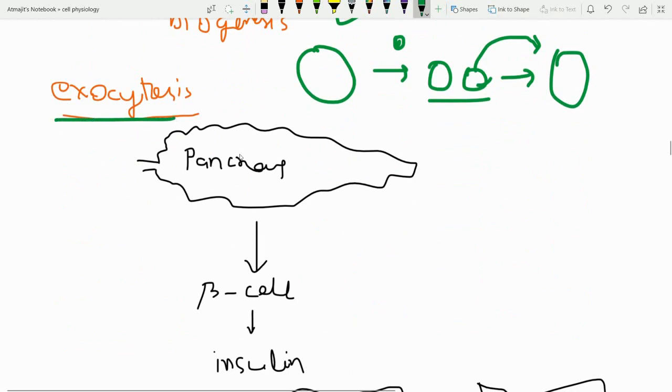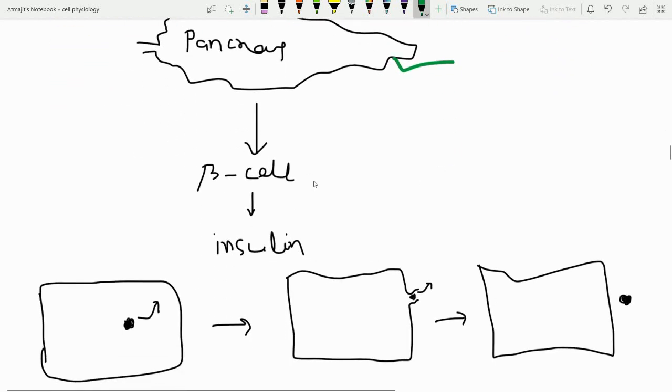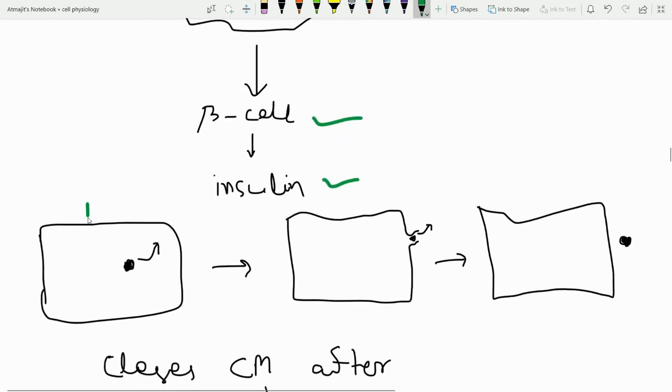Let's take exocytosis. In the first case, there is the pancreas. The beta cell of the pancreas secretes insulin. Let's take this as the cell of the pancreas, and here the insulin is secreted from inside the cell. We have to take it to the blood vessels.